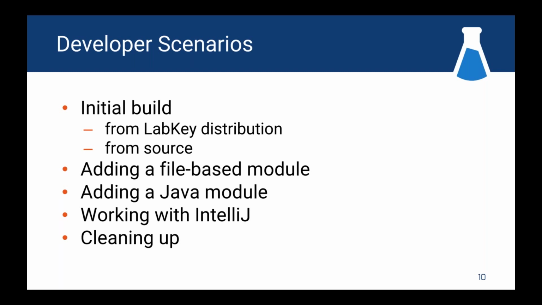And then what do you need to do to add a file-based module to a LabKey server? What do you need to do to add a Java module? I'll say a few words about working within IntelliJ and Gradle, and then some important words about cleaning.